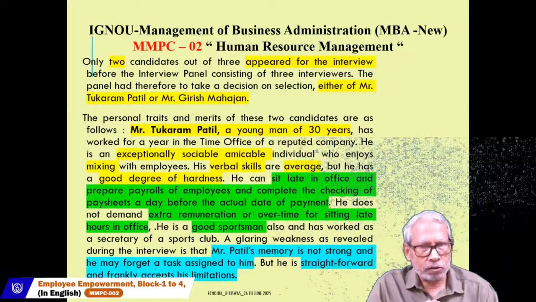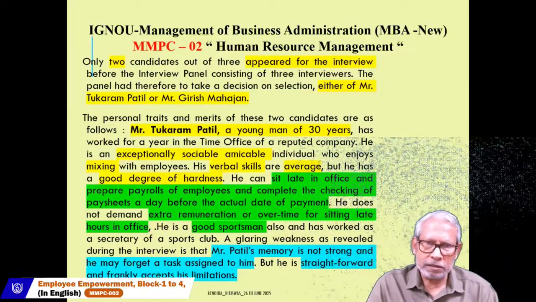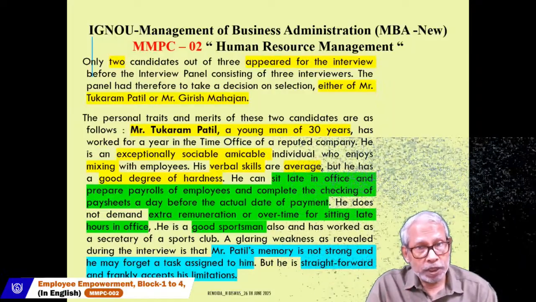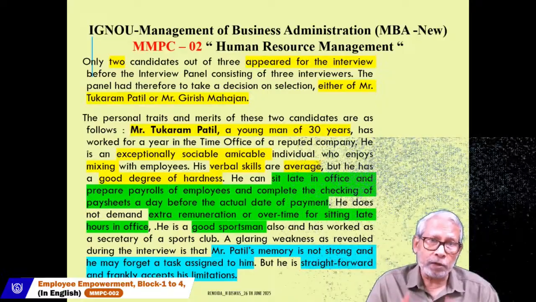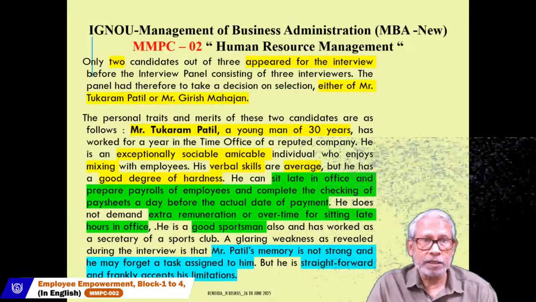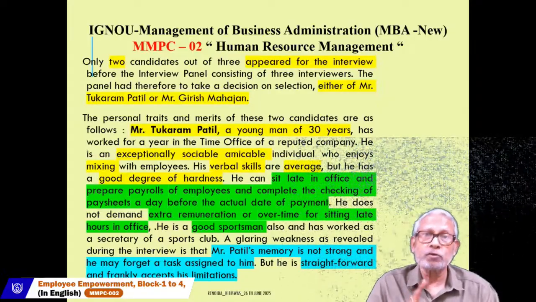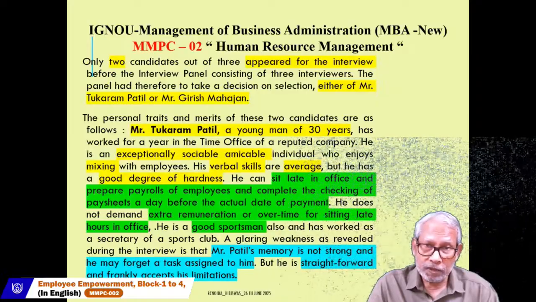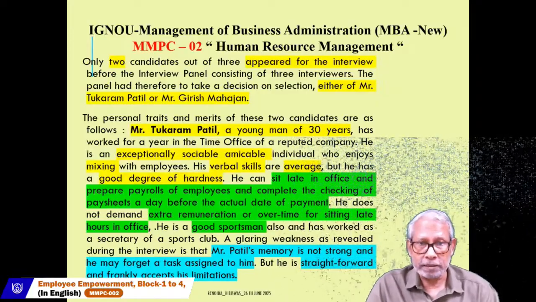His verbal skills are average to good, with a good degree of hardness. He is willing to sit late in the office and prepare payrolls of the employees, and complete the checking of the pay sheets a day before the actual date of payment. He is also a good sportsman.